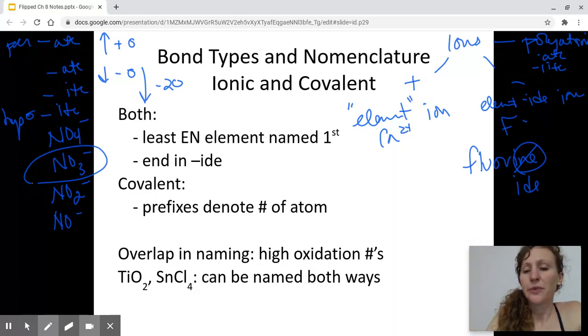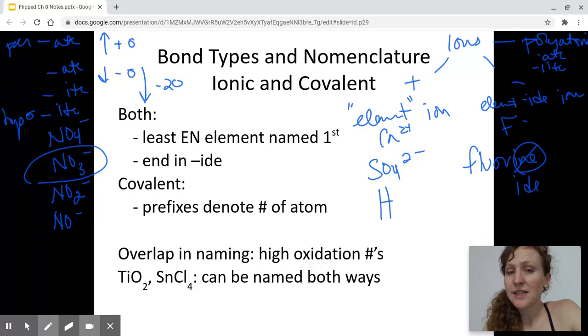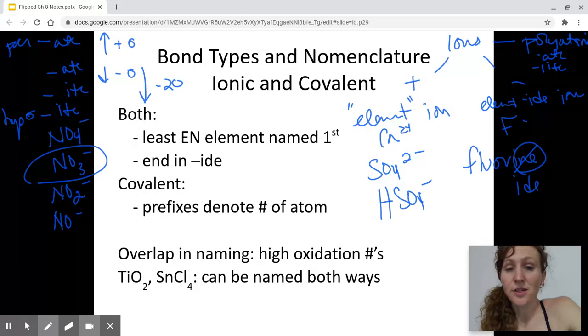So like if we start with SO4 2-, which is sulfate, if they add a hydrogen, it's HSO4-. Notice adding a hydrogen does change the charge, unlike adding the oxygen on the other side of the page, which does not change the charge.